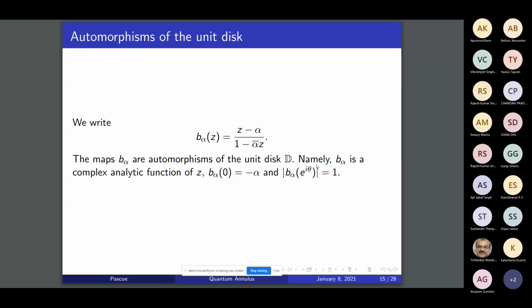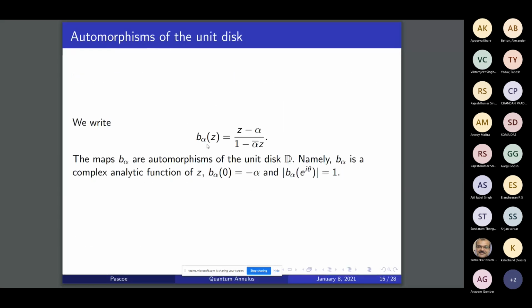Namely, this b alpha is a complex analytic function of z, and b alpha of 0 is negative alpha, and b alpha of e to the i theta has modulus 1. So these are the so-called automorphisms of the unit disk. Basically, they're holomorphic maps from the unit disk to itself that are bijective.